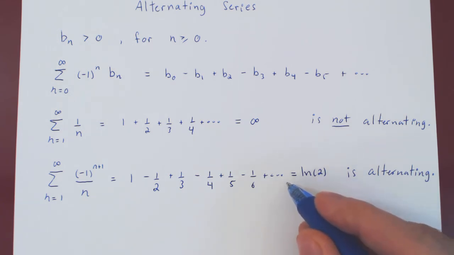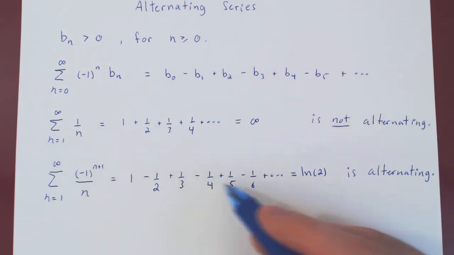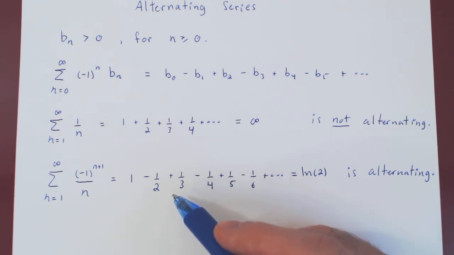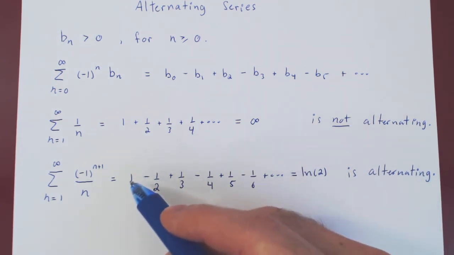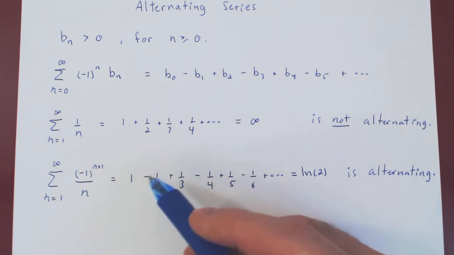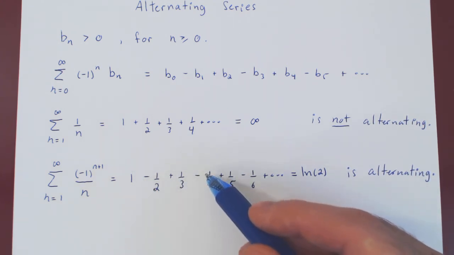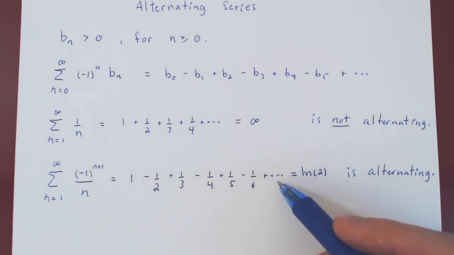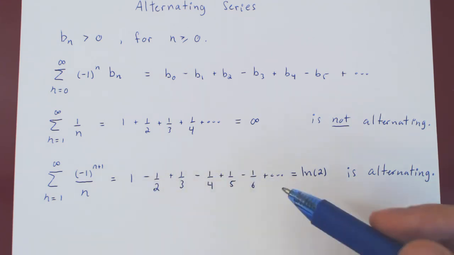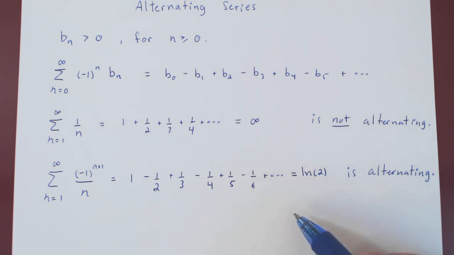This is right now far from obvious, but we will show this later on. So if you wanted, say, to calculate ln of 2 by hand, you could start adding these terms up: 1 minus a half plus a third minus a quarter plus a fifth minus a sixth. And as you keep adding more and more of these terms, you will get a better and better approximation to ln of 2.